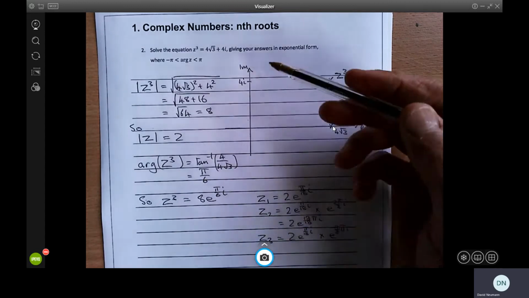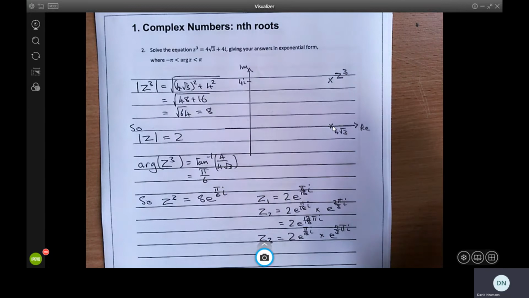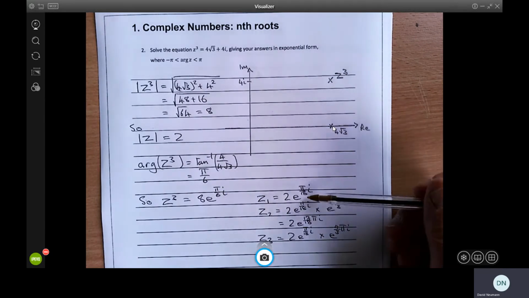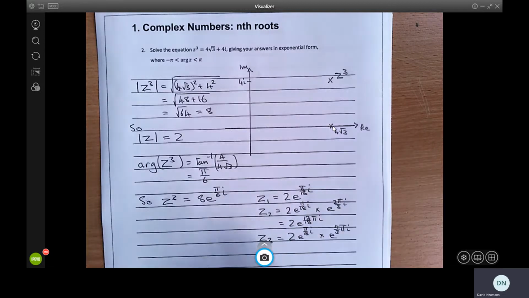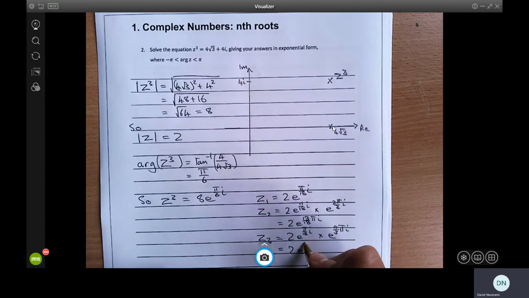The cube roots of 4 root 3 plus 4i are then this first solution here, and that first solution multiplied by the other two roots of 1. So this is 2e to the, this is 24 over 18 pi i plus 1, so 25 over 18 pi i.